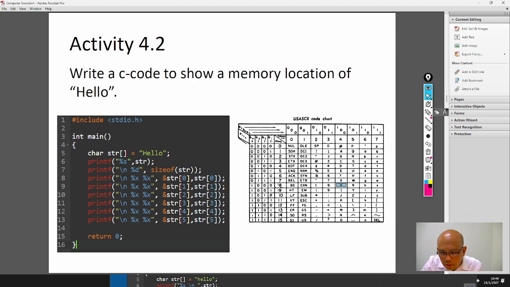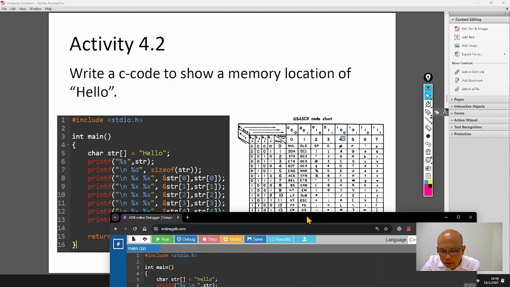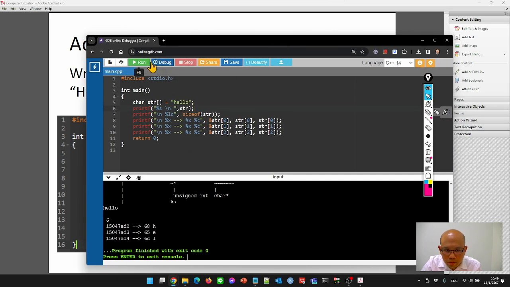This is a decimal, and this is a decimal 84. And here, when I compile and run the code, the hash is a hexadecimal.